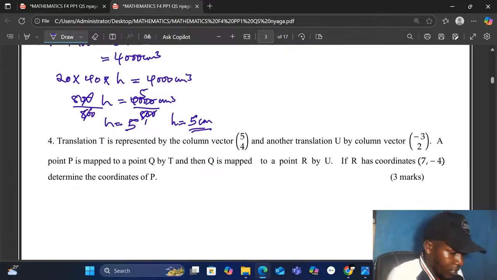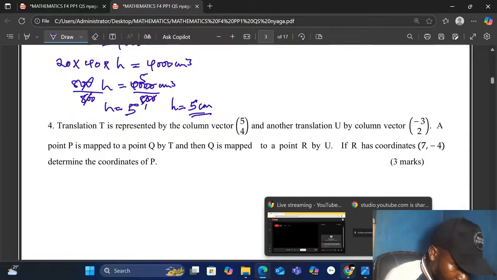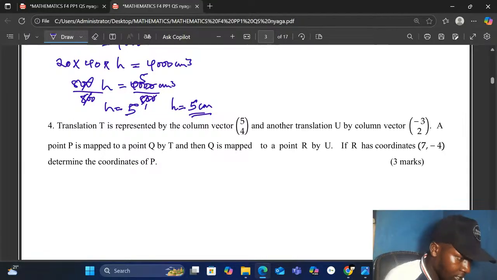Number 4. Translation T is represented by the column vector 5, 4, and then another translation U by column vector -3, 2.